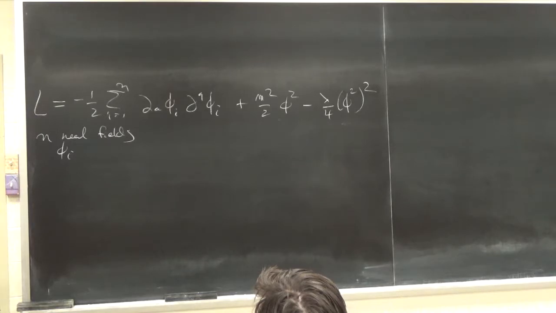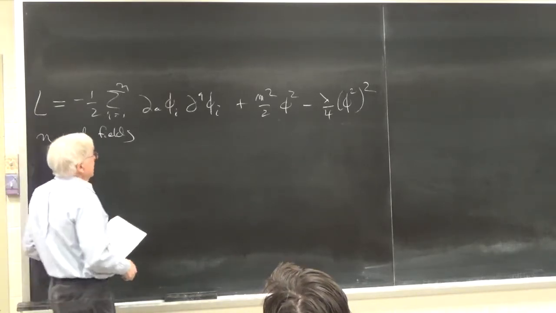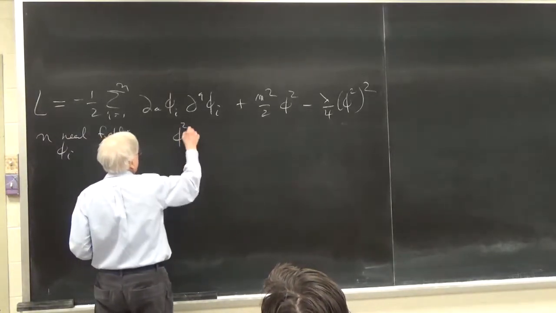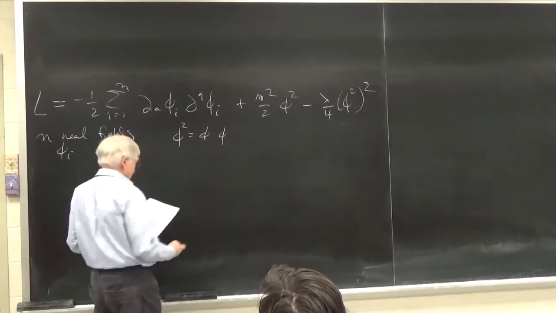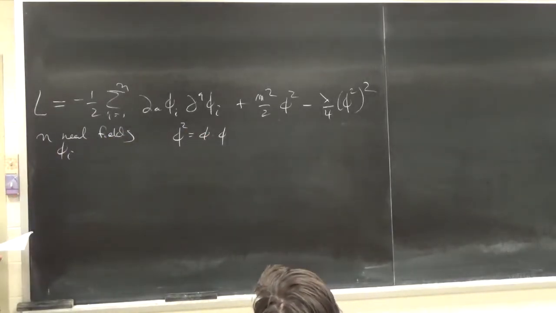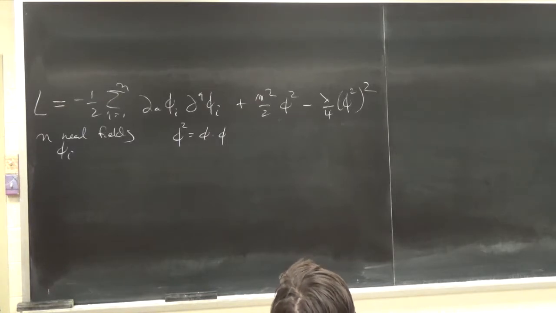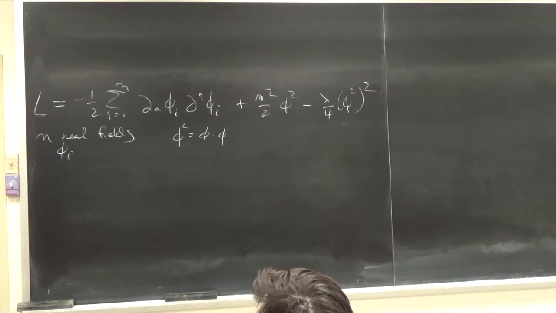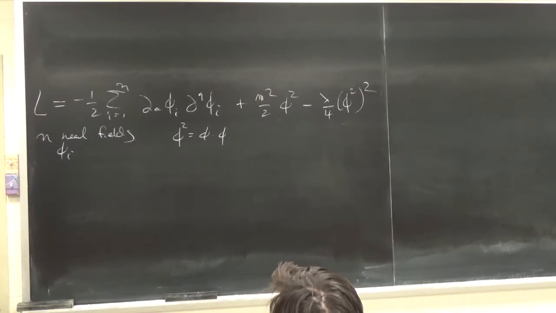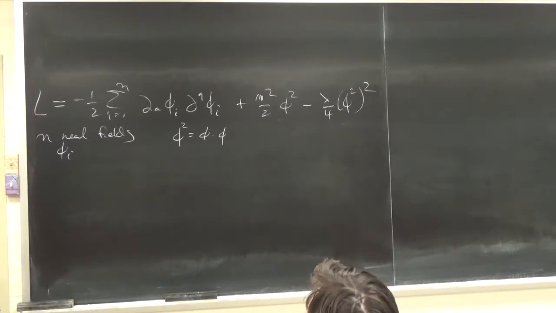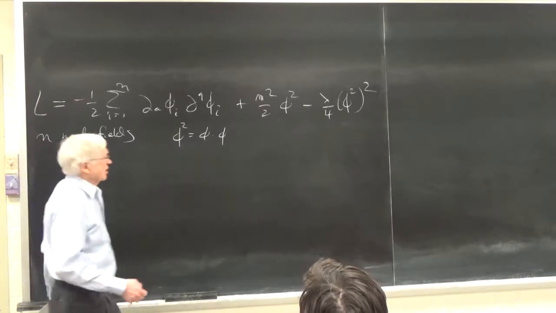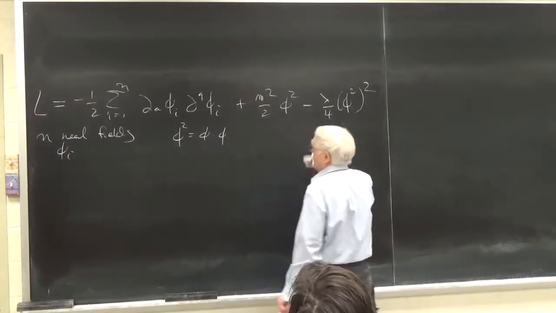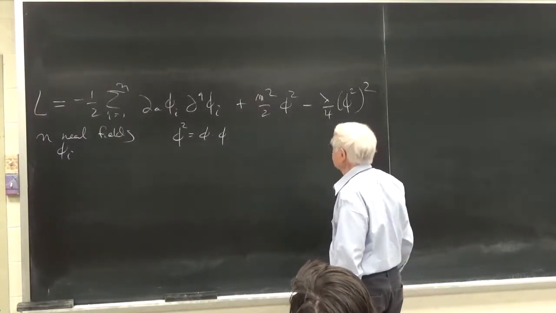And so if phi squared is just phi dot phi, then we have this usual business. So let's just look at this theory from the Goldstone point of view, apply Goldstone's theorem to this case.